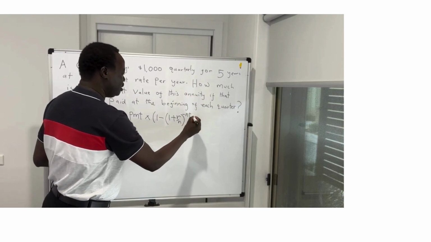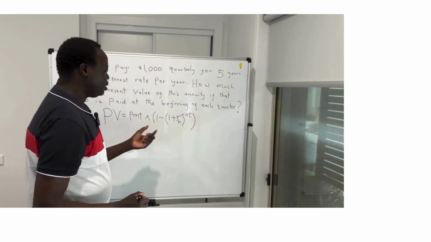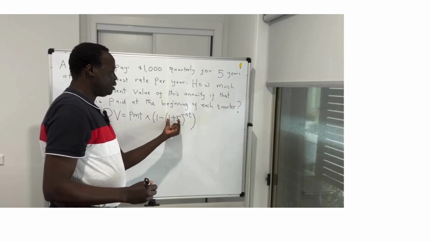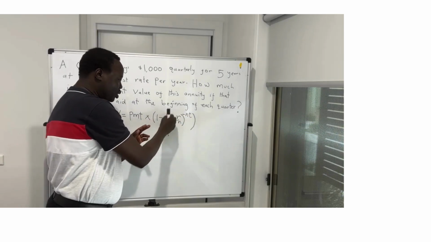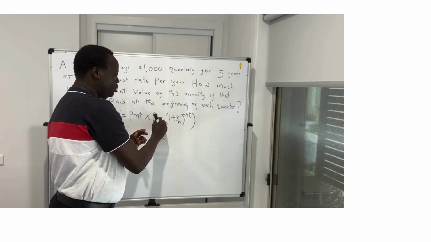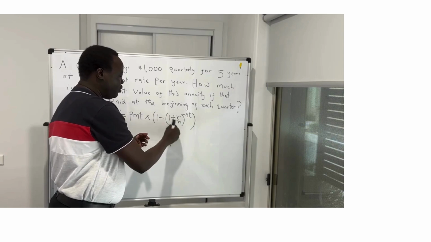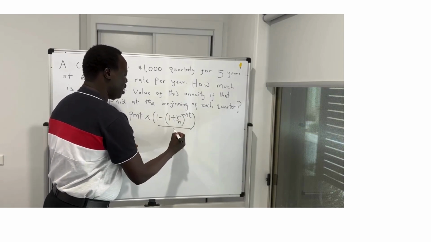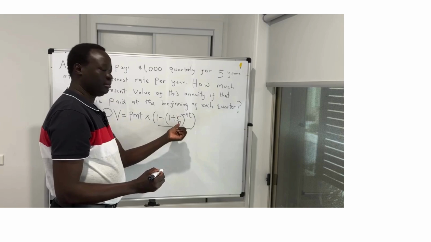So what you will do first is work out the bracket raised to that power, and then subtract this part from 1. 1 minus whatever you get from this side, and then you divide by R over N, which is the same rate you have here.